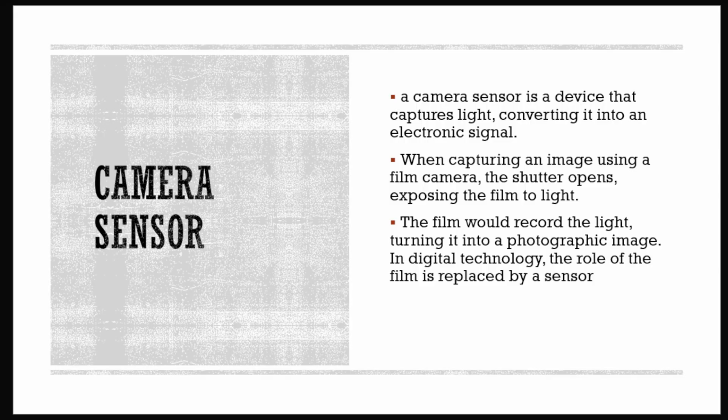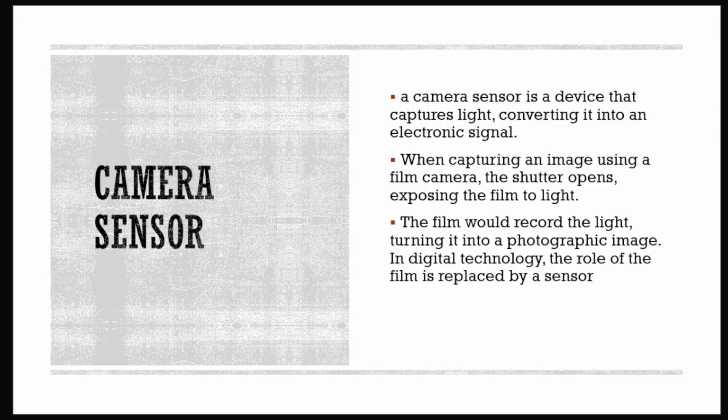And when you made a mistake, say you overexposed or underexposed, you could not just change it. A film wasted was wasted. So we have come a long way from there.